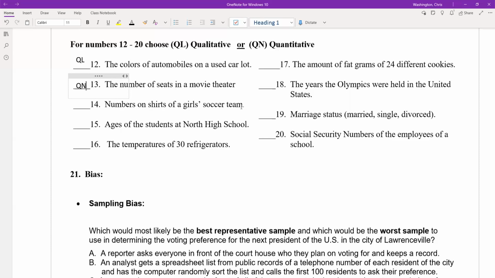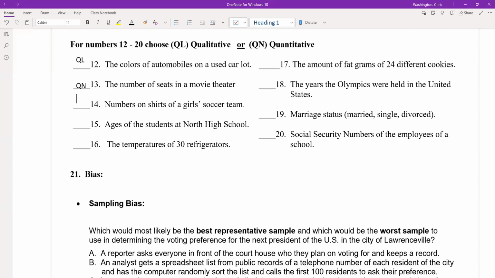So we got to be real careful there. This number is just an identifying mark. Like, hey, number 10 is this person. That number 10 is describing that person. It's not measuring how tall that person is or how fast that person runs or how many goals that person scored. So this number 14 would actually be qualitative.